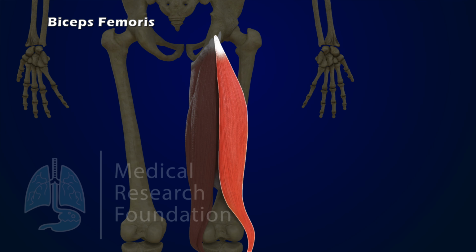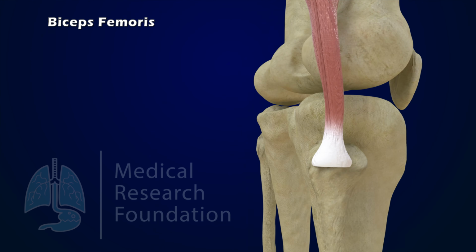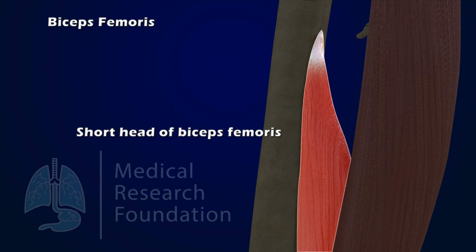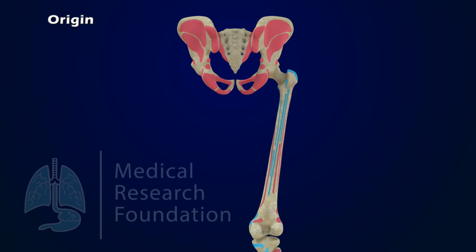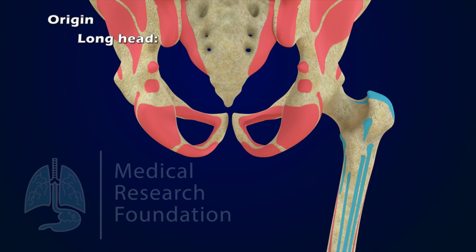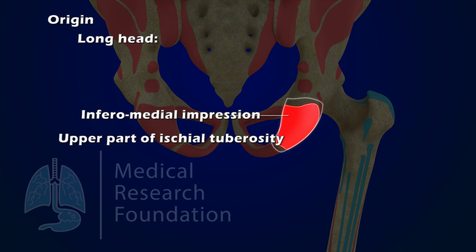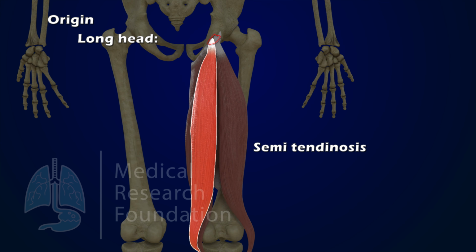Biceps femoris. It has two heads of origin, long head of biceps femoris and short head of biceps femoris. Origin, long head. From the inferomedial impression on the upper part of the ischial tuberosity, in common with semitendinosus.